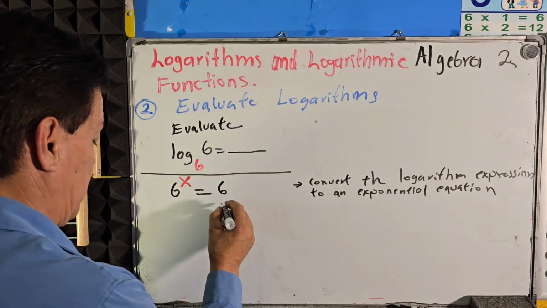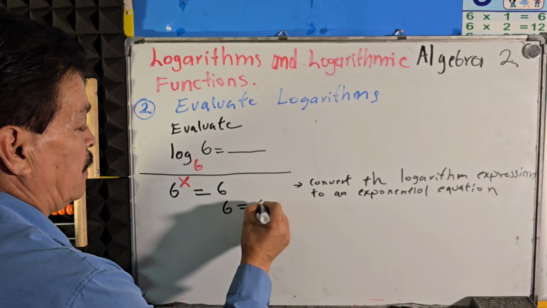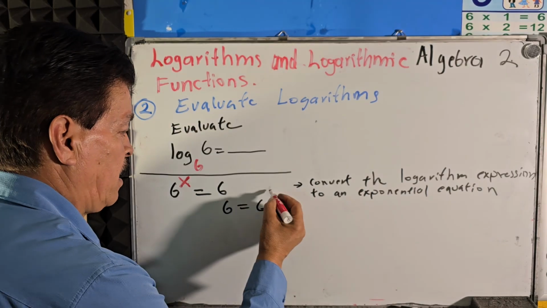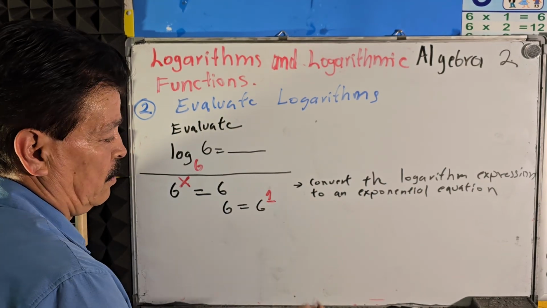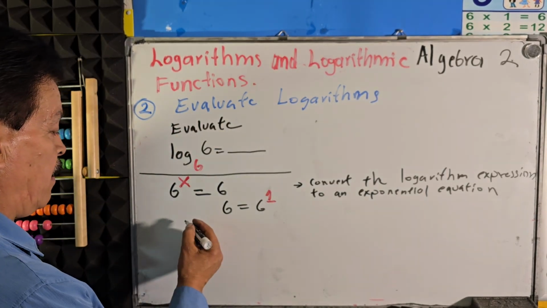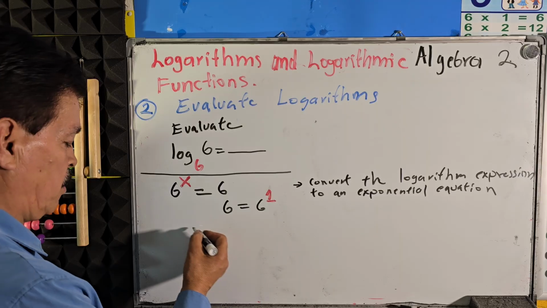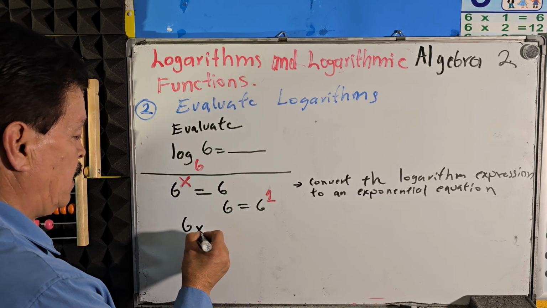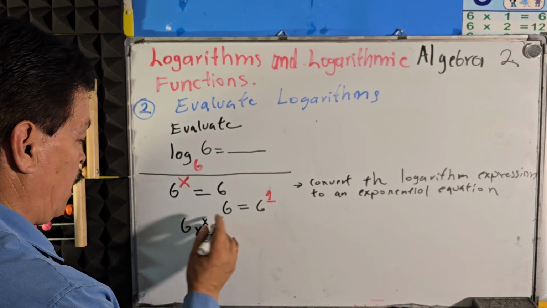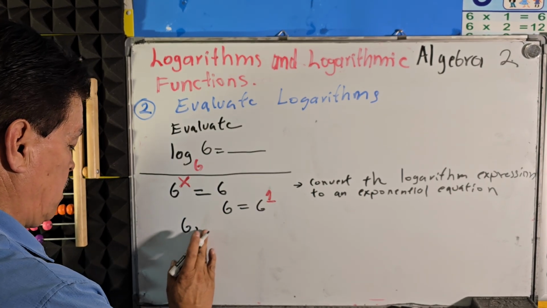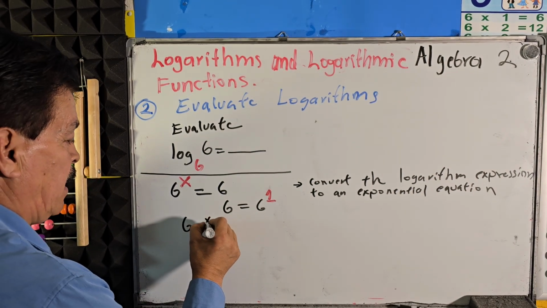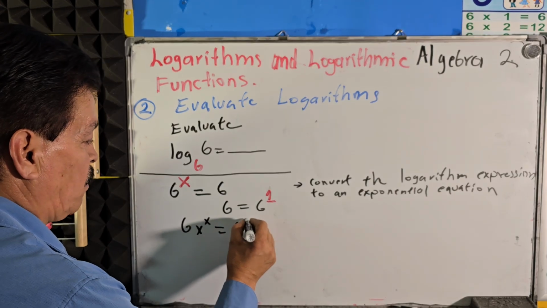Here we will have 6 equals 6 to the first power. So now it is very simple. We write 6 to the x power equals 6 to the 1 power.